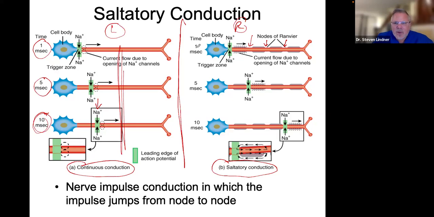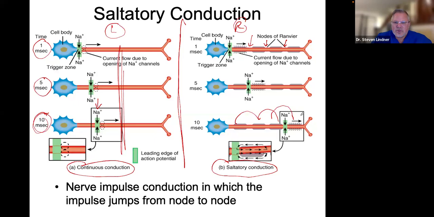But at 1 millisecond and 5 milliseconds, there isn't much of a difference when we compare continuous conduction to saltatory conduction. But look what happens at the 10 millisecond. Boom, this is already leaped over almost to the end of the axon terminal.